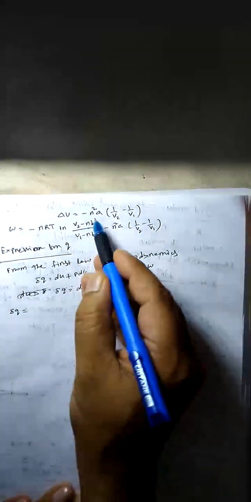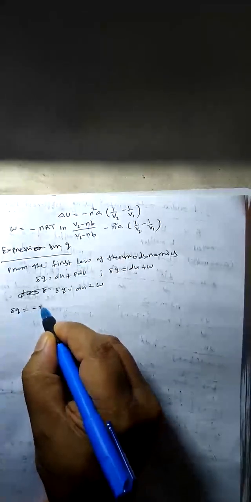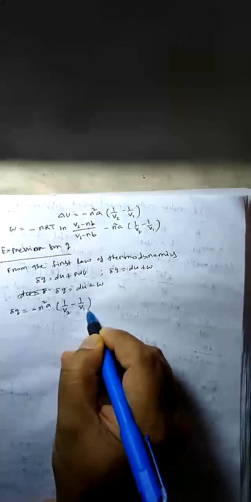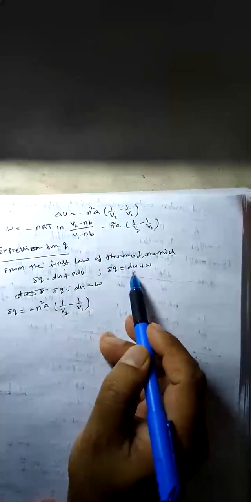Here dU means this one, minus n square A (1 by V2 minus 1 by V1). Here dU is a small change, and delta U means a large change.